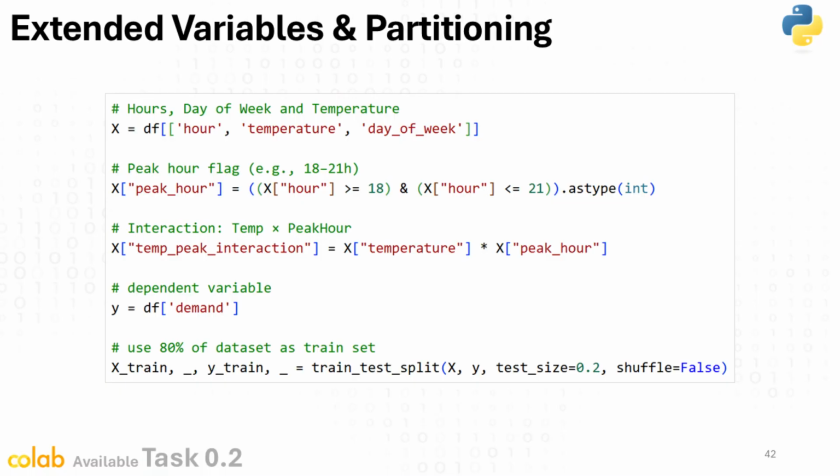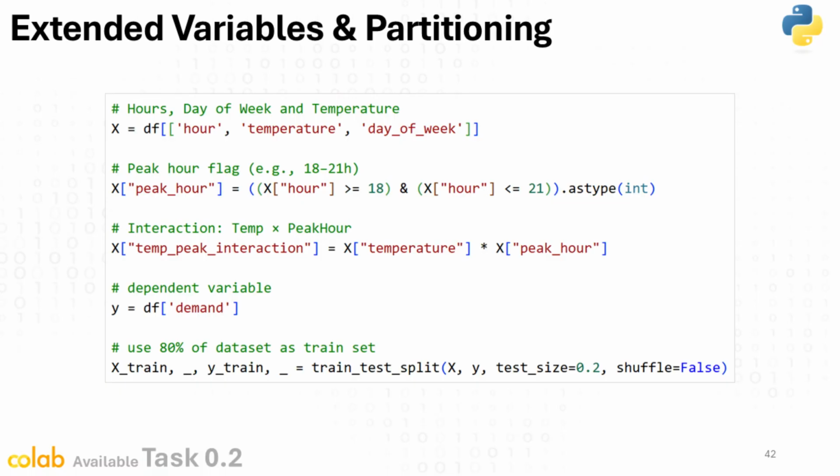However, based on our previous observation of residential load, we know that the period between 18 and 21 is unique. To capture this, we create a peak hour flag. This is a binary variable, a 1 or a 0, that explicitly tells the model whether a specific record falls within that critical evening surge.